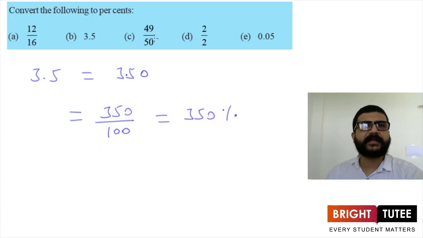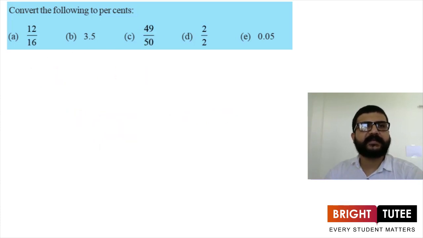Now the next one here is again a fraction, which is 49 upon 50. We have to again convert this into a percent. For converting a fraction to percent, we have to make the denominator 100, or we can simply multiply this with 100. Let's try to make the denominator 100 this time.